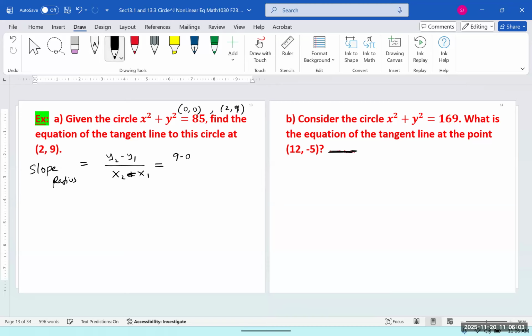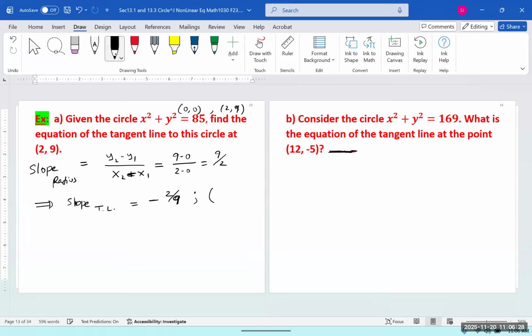So 9 minus 0 divided by 2 minus 0 gives us 9/2. That tells us the slope of the tangent line. Negative what? 2/9. So you just flip and change the sign.